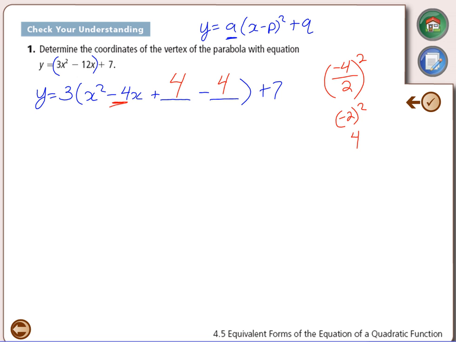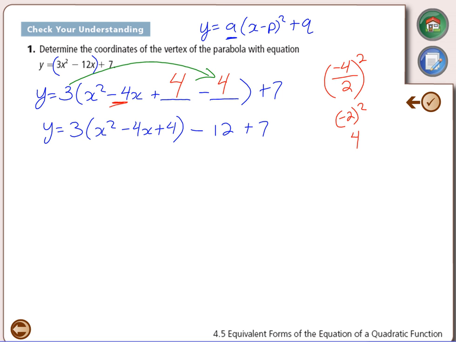Now we've got to get that -4 out of the brackets. The only way we can do that is to distribute in the 3 to that -4. Keep the 3 in front for the other parts. 3 bracket x squared minus 4x plus 4. But now I've got minus 12 plus 7.